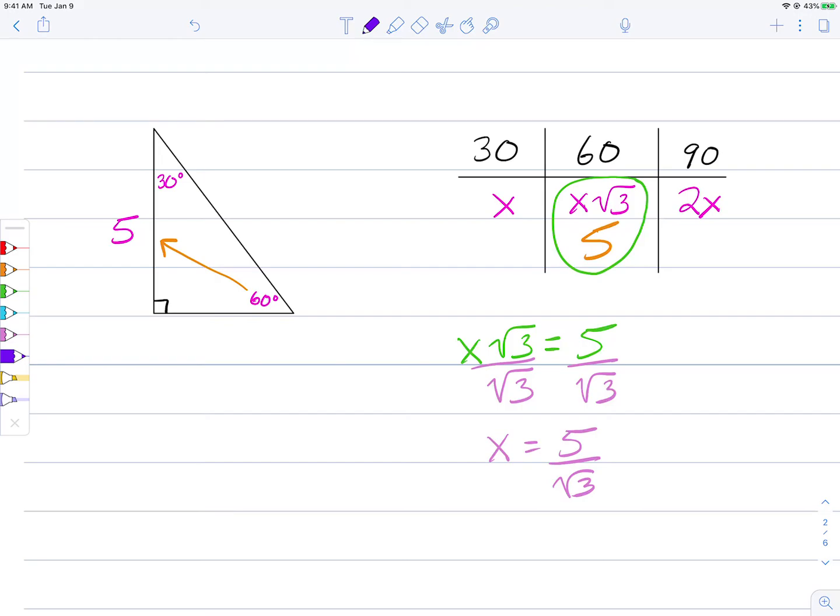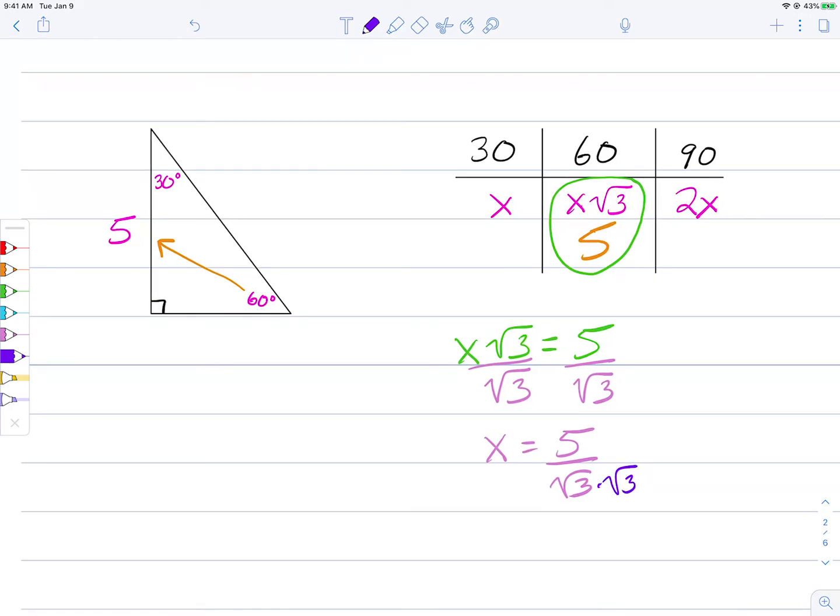Remember that the grammar of math says that you cannot have a root in the denominator of a fraction. So I'm going to multiply the numerator and denominator by the square root of 3, and I get 5 root 3 over 3. That's my x value, which means that across from the 30-degree angle is 5 root 3 over 3.